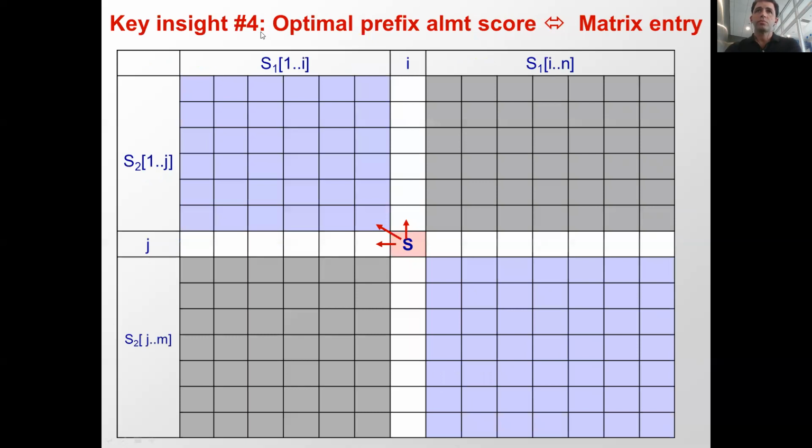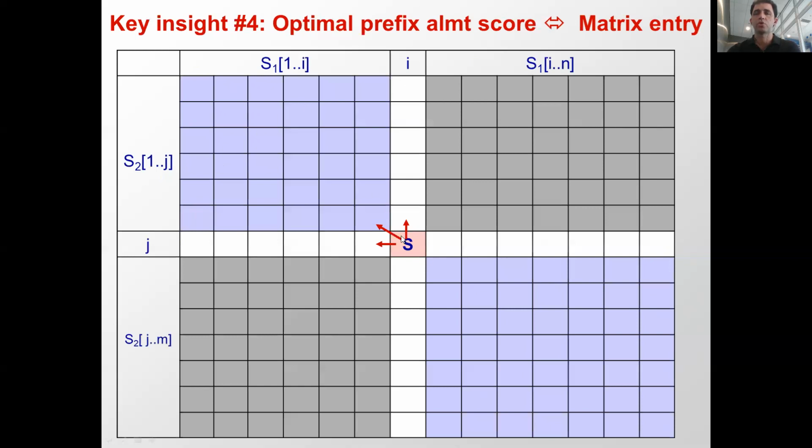So this is the last insight, that the optimal prefix alignment score can be computed in a single entry of that matrix. I can compute a matrix where for every position ij, I simply compute the score of aligning the ith prefix of S1 to the jth prefix of S2.